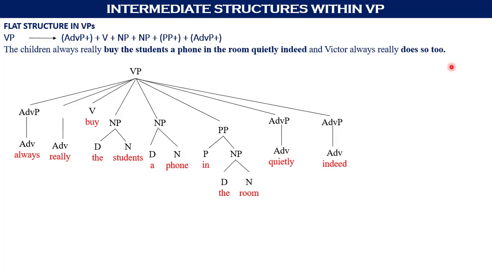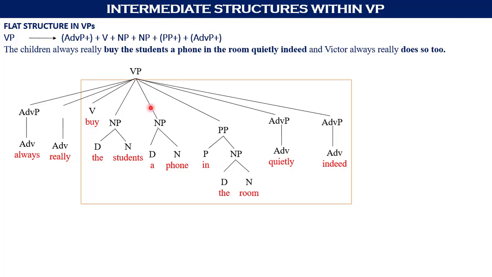So here "does so too" replaces buy the students a phone in the room quietly indeed, as we can see on the diagram. But do we have an intermediate verb which accounts for it? No. So it means that the tree that we've drawn doesn't account for those intermediate structures, but we need them. That is why the X-bar theory is the best.